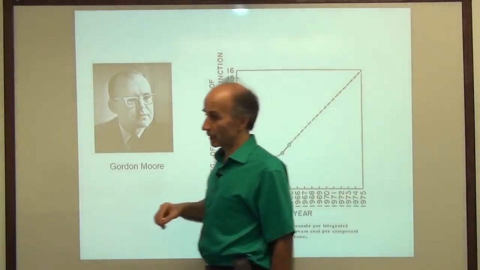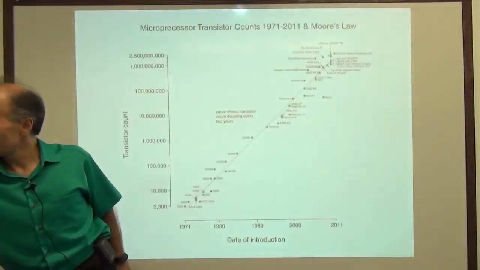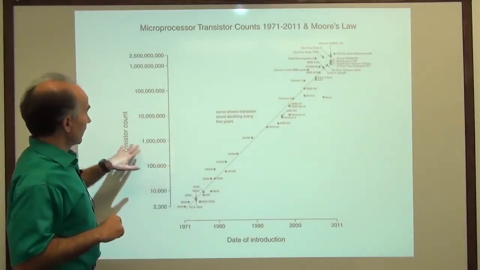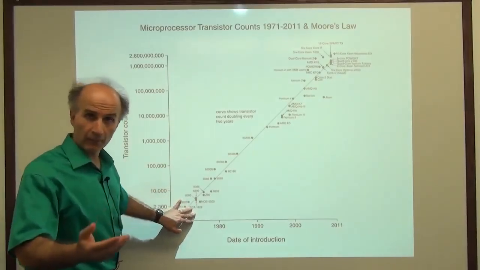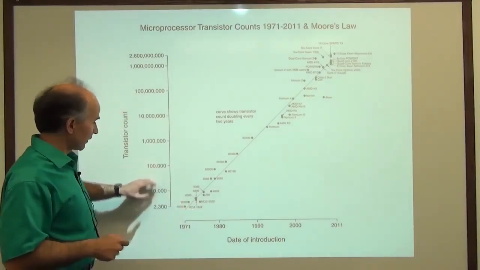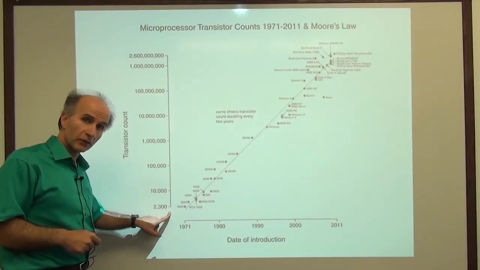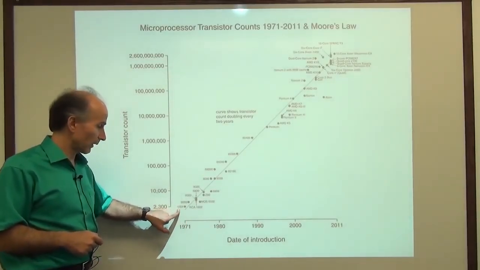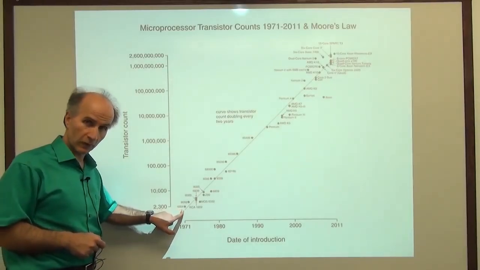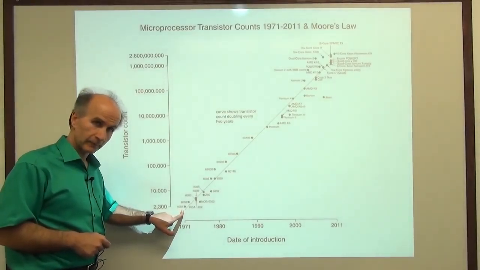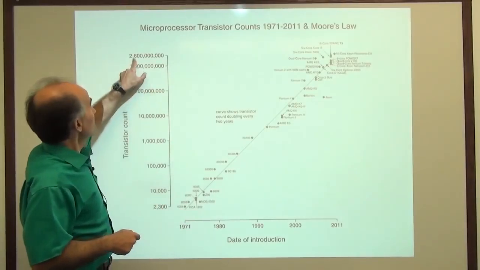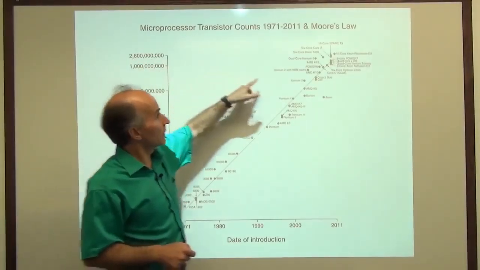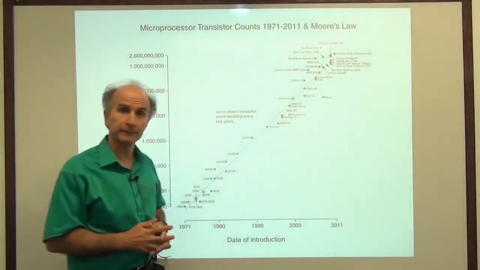What we can see today is, for example, something like this, where the number of transistors per chip, for example, in a microprocessor, has gone from 2,300 in 1971 for the microprocessor 4004, which was also from Intel, to something on the order of 1 billion transistors in most recent microprocessors.